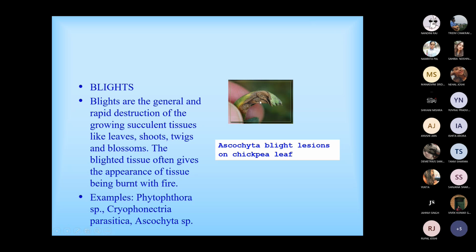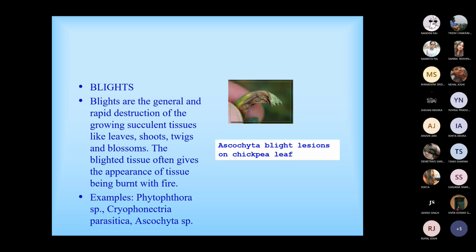The symptoms are shown as if the leaf has burned due to fire. So that is called a blight, right? Examples are Phytophthora or Ascochyta species. A number of plant fungi produce these kinds of symptoms, but Phytophthora is very common for blight, or Alternaria early blight, sometimes caused by Alternaria alternata.